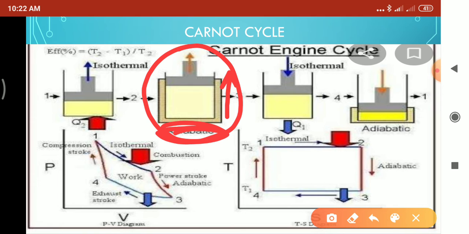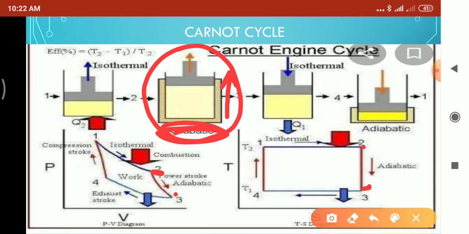Expansion of gas, and temperature decreases from T2 to T3, and volume increases from V2 to V3. This is called adiabatic process or isentropic process. In this, heat remains constant but temperature decreases from T2 to T3. This is process number 2.